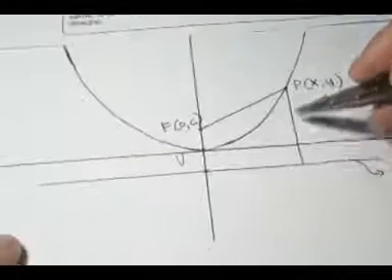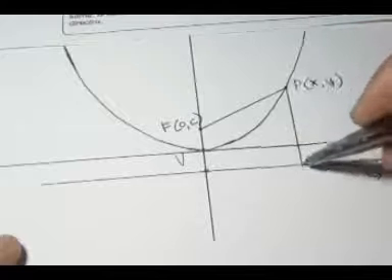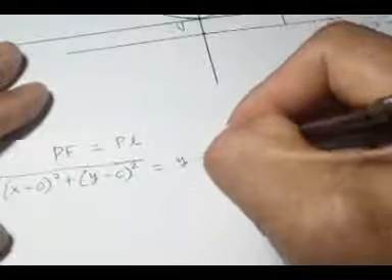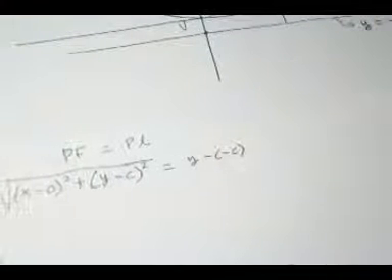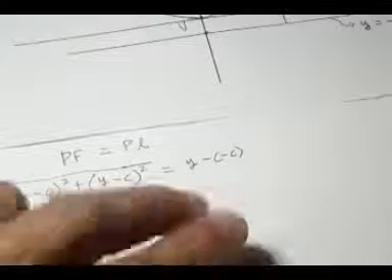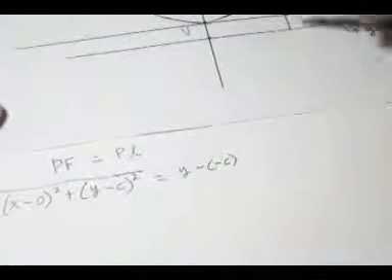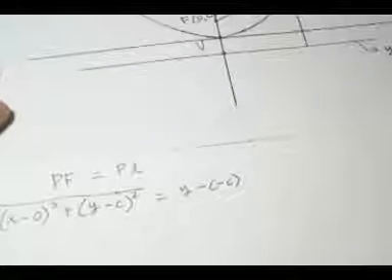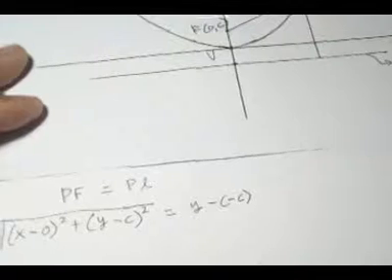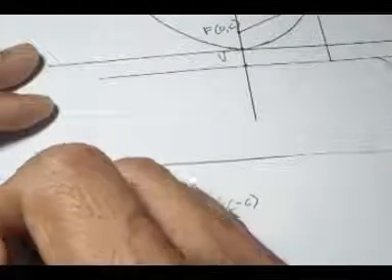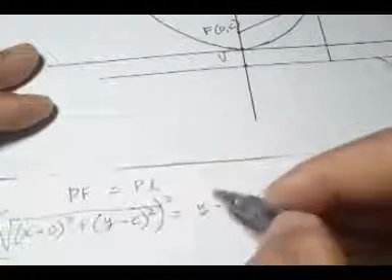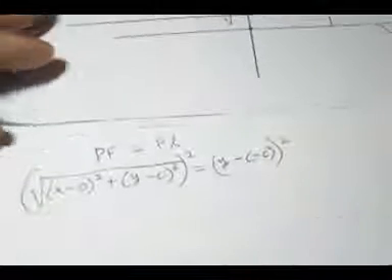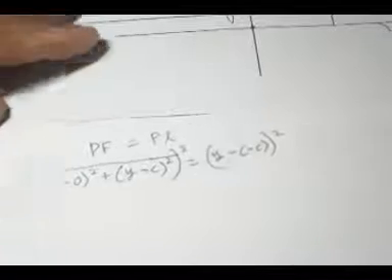This length is y and this length is c, so y minus negative c. So this is y plus c. Simplify, square both sides to eliminate the radical sign.